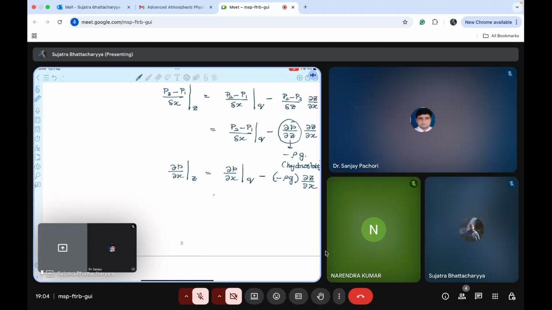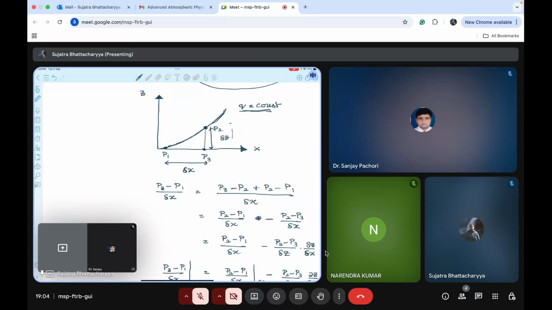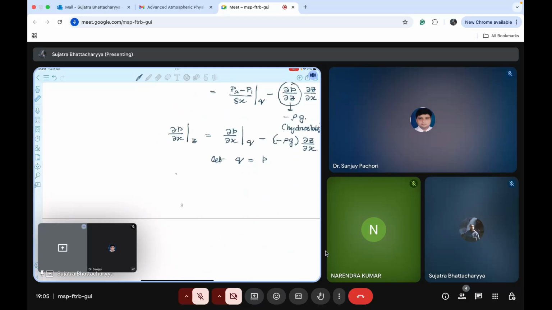Now let my Q be equal to pressure. This Q, which is an arbitrary variable, is now pressure, a constant pressure line. So what can we write?